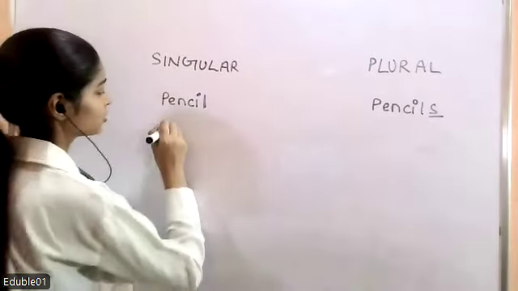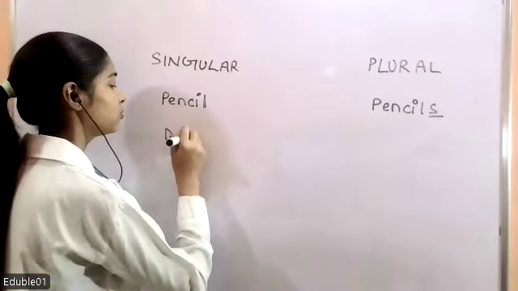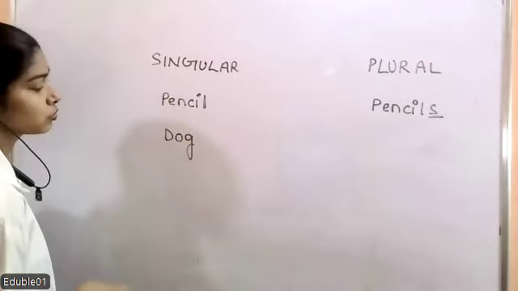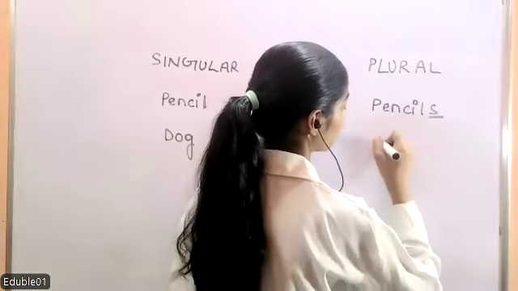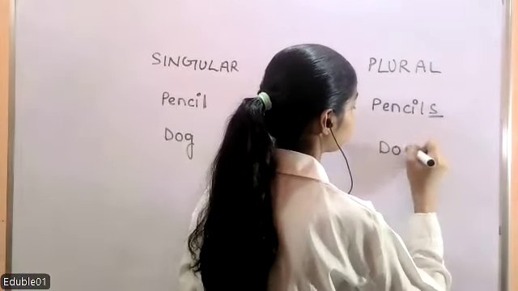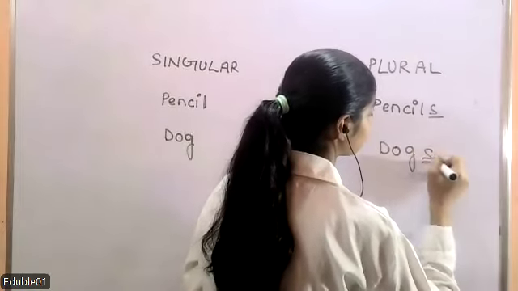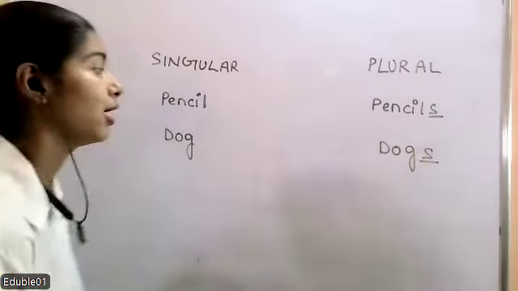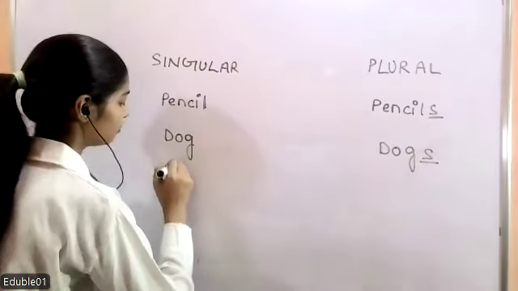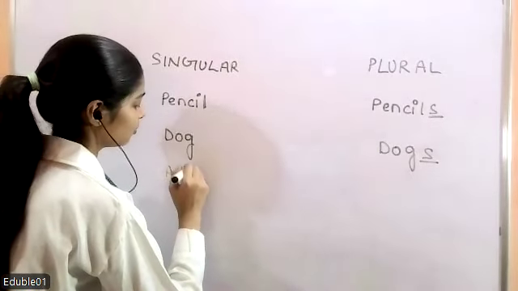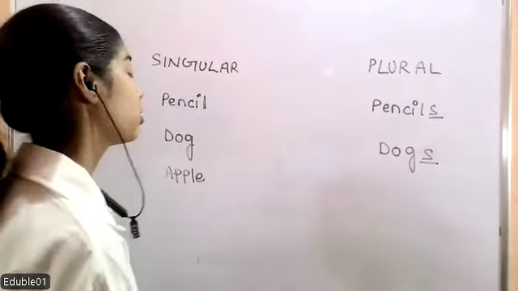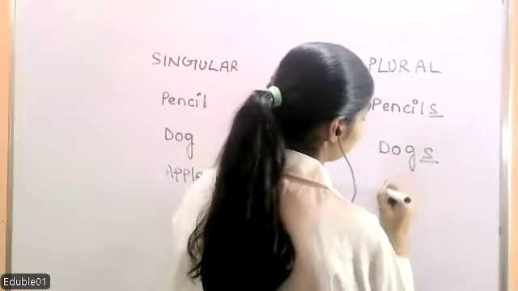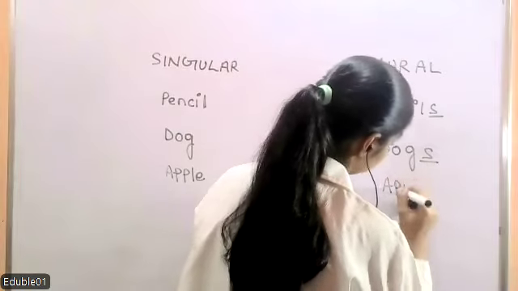Let's take some more examples. If I'm talking about one dog, we are going to write a dog. But if I'm talking about more than one dog, that is not dog anymore, but dogs, right? If I'm talking about one apple, that is an apple. But if I'm talking about more than one apple, that is apples, right?